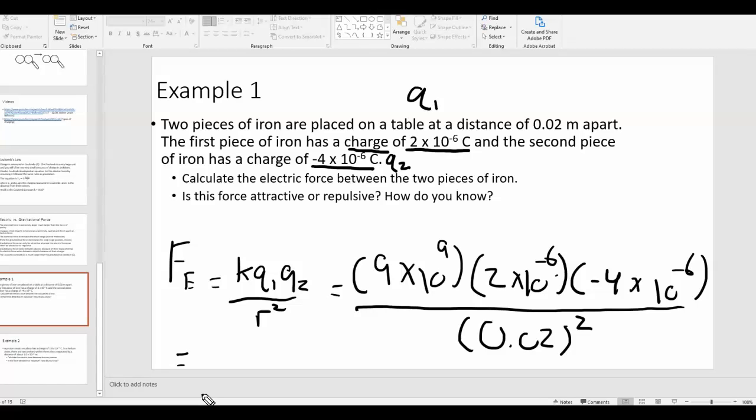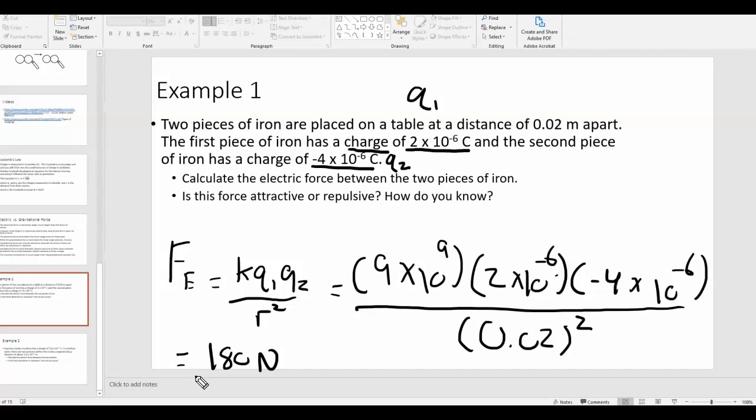Okay, so in my calculator, I am typing parentheses 9 times 10 to the power 9 times 2 times 10 to the negative 6 times negative 4 times 10 to the negative 6, and then divide by 0.02 squared. The number I get, see if you get this number, is 180 newtons.